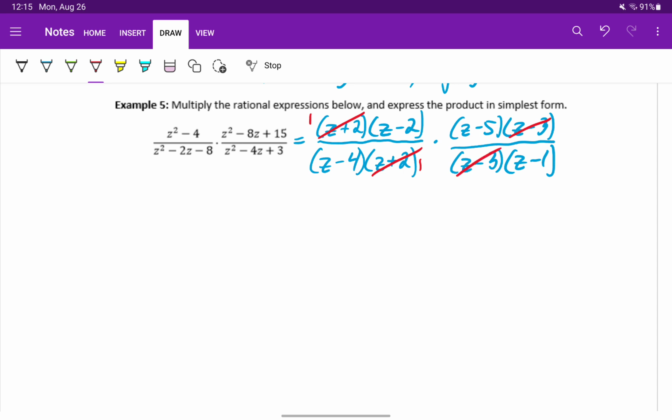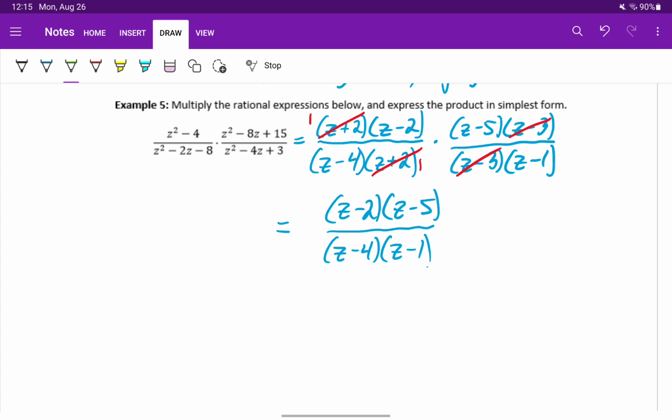Similarly, z minus 3 over z minus 3 will cancel. And then we can write our simplified expression, z minus 2 times z minus 5 all over z minus 4 times z minus 1.